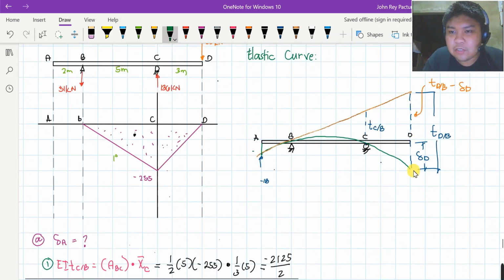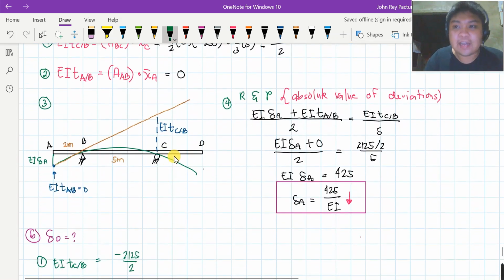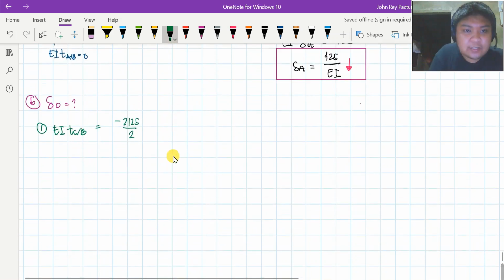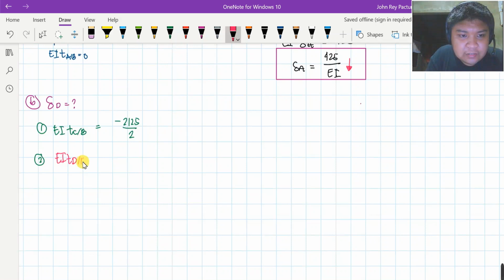Ganon din dito, class, no? Yung point din natin ay nasa baba ng slope, so you should expect that the deviation is a negative value. So of course, computein natin siya for the step 2 of the process. That will be EI deviation of D with respect sa B. So that is equal to yung area ng B to D multiply natin ng centroid at D.